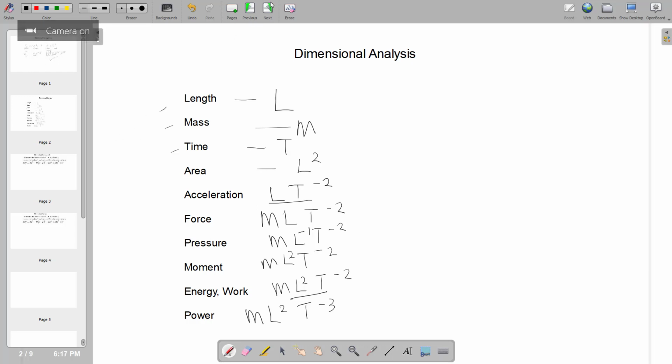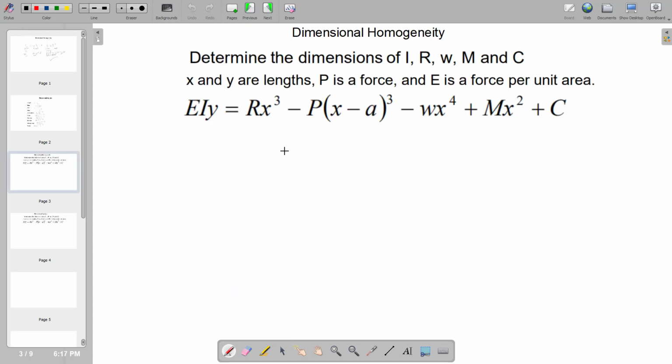Okay, so we test our understanding with a very interesting question here. We are to determine the dimensions of I, R, W, M, and C in this equation here. We are told that x and y are lengths, so their dimensions are just going to be an L. And then we are told P is a force.